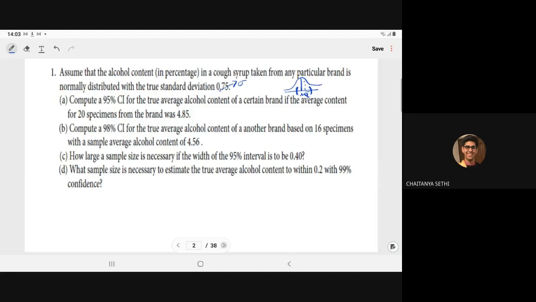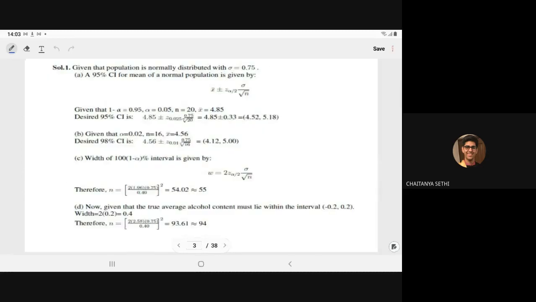So here, from the given information, the population is normally distributed with sigma equal to 0.75. So for 95% confidence for the mean, we have the standard formula: x bar plus minus z alpha by 2 into sigma upon root n.